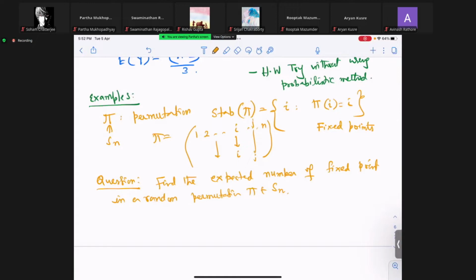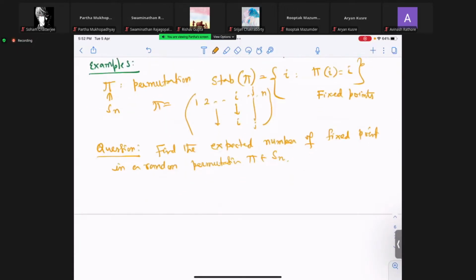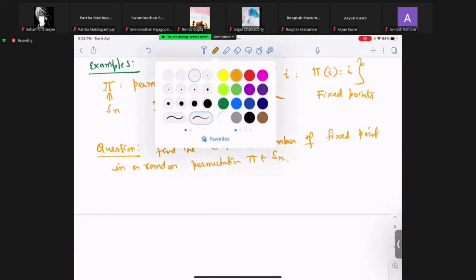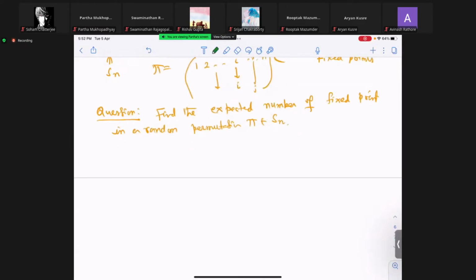So basically, what is the probability that 1 will stay in its place, 2 will stay in its place, etc.? And we just have to add it. Yes, but we have to go a more systematic way, right? So we first define the random variables. Let y1, y2, ..., yn be the random variables such that, what is the property of the random variable?